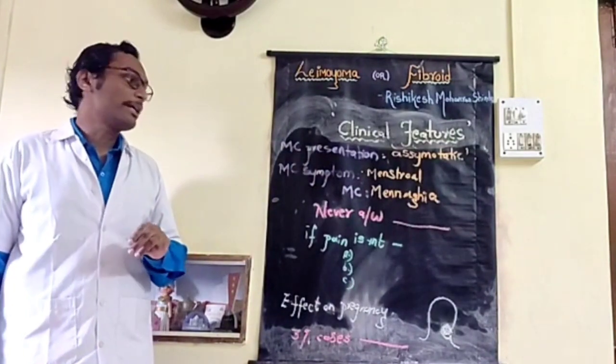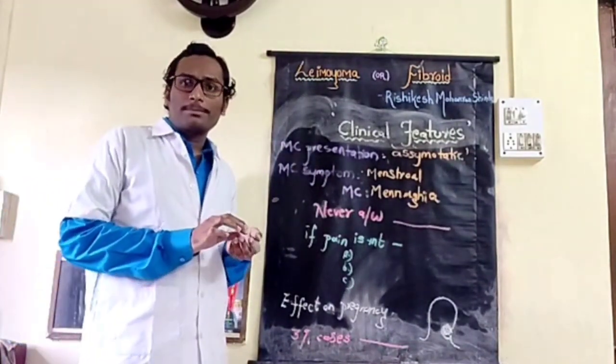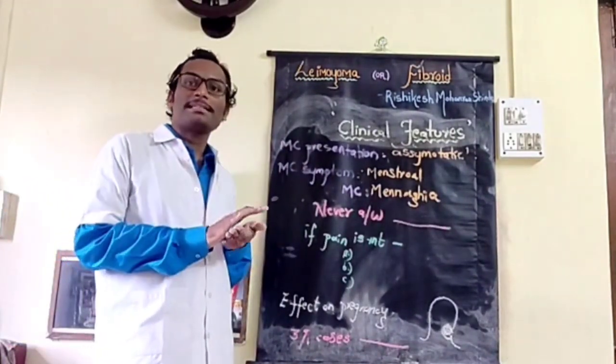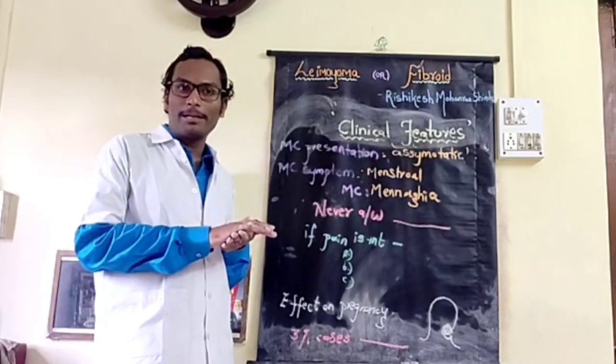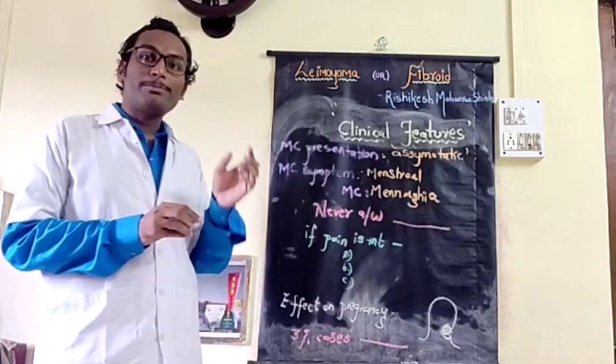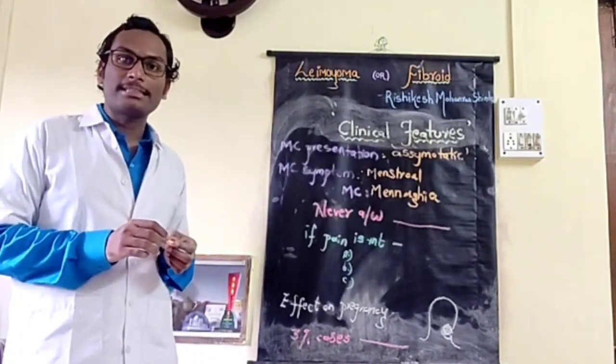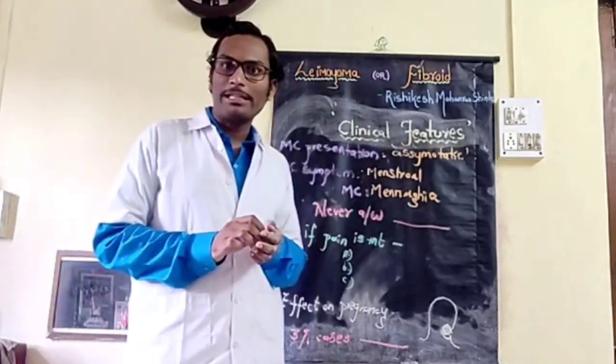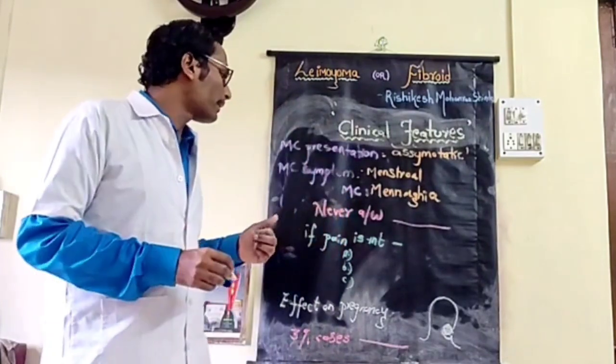If the patient presents with irregular menstrual bleeding, that is called metrorrhagia. If metrorrhagia is present, it can suggest a fibroidal polyp.